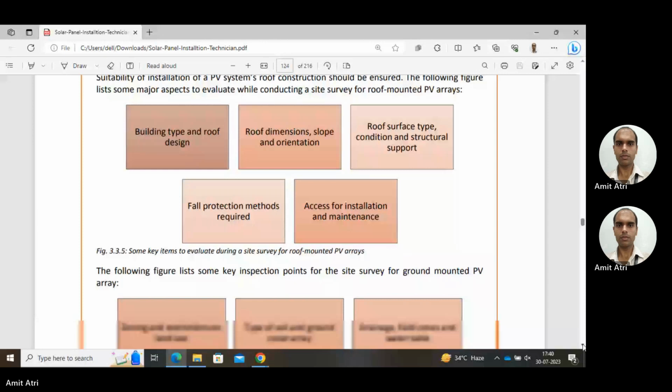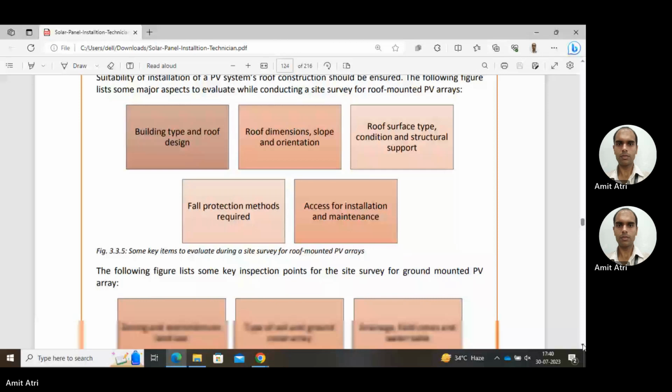Now in this next figure, the inspection points for the site survey for a ground mounted PV array are indicated, like zoning and restrictions on land use. Next is type of soil and ground cover. After that, drainage, flood zone and water table.